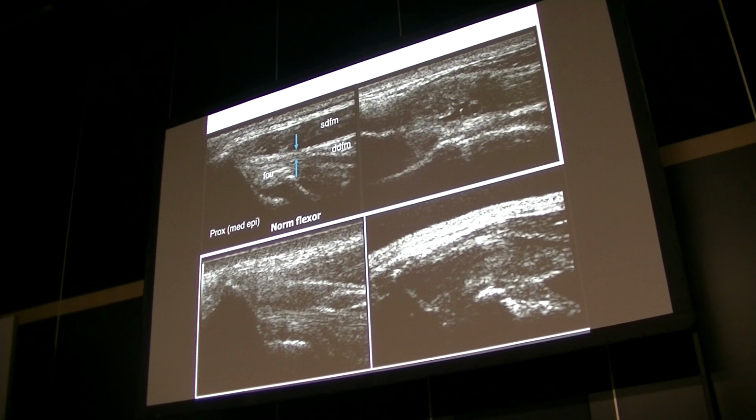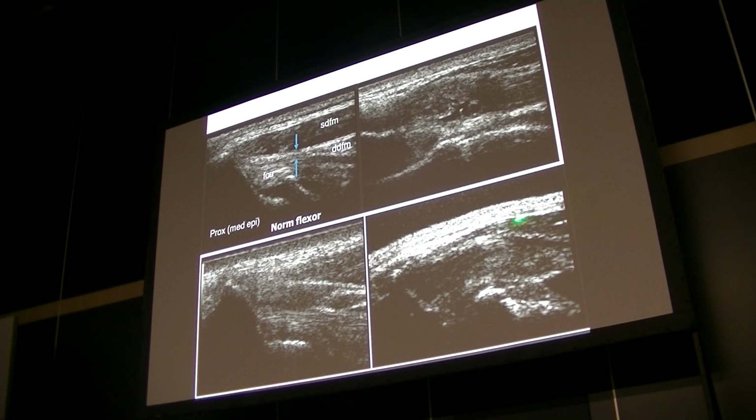This is the flexor carpi ulnaris. In this case, the superficial flexor, and this is the flexor carpi ulnaris. This is the epicondyle. And also here we have an area which is hypoechoic, meaning that there is a problem at the level of the attachment, and for sure inflamed, with an amount of fluid.